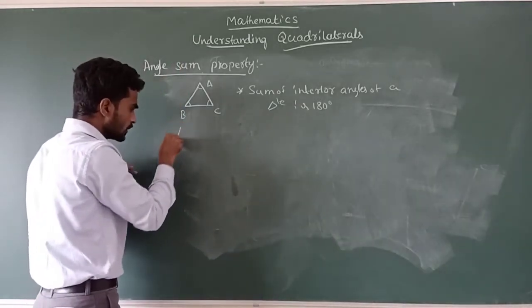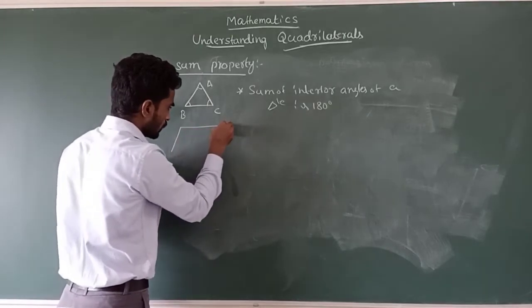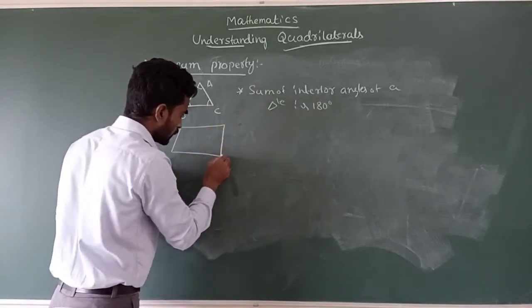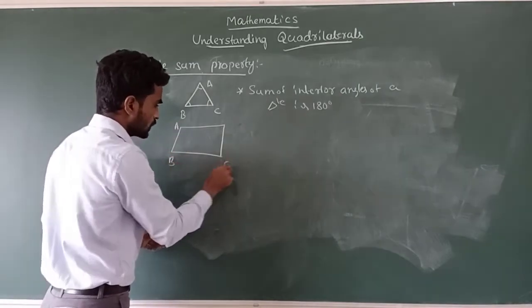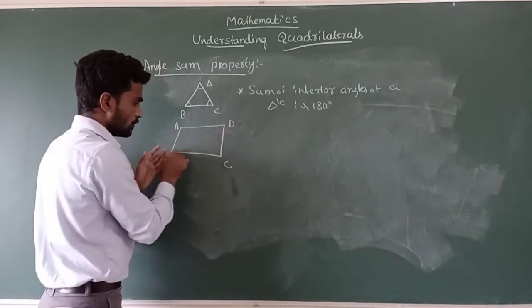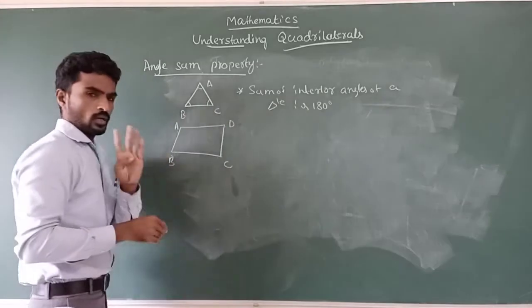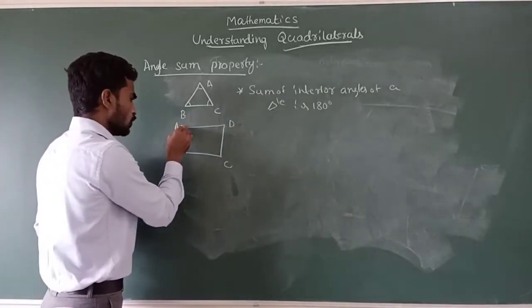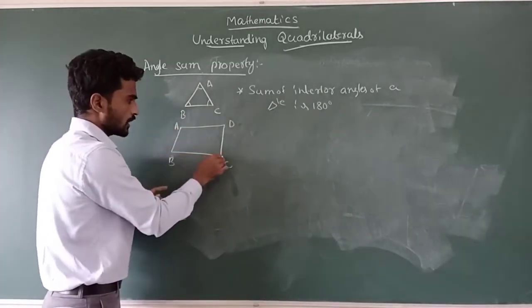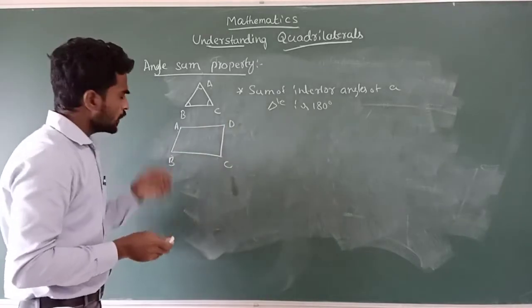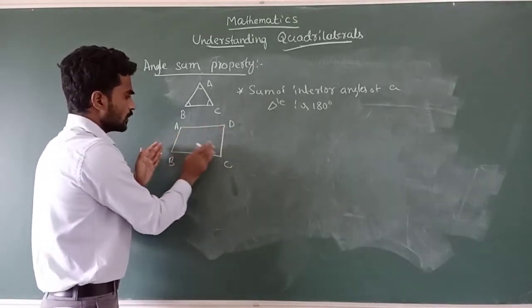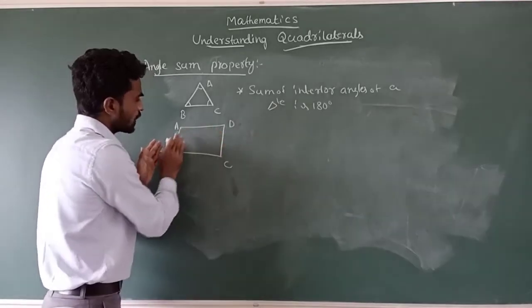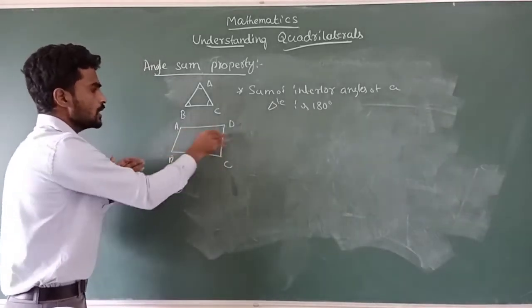Now consider one polygon. It has four sides, A, B, C, D. There are AB, BC, CD and DA. There are four sides and also four angles, angle A, angle B, angle C, angle D. We don't know the sum of interior angles of this polygon ABCD.